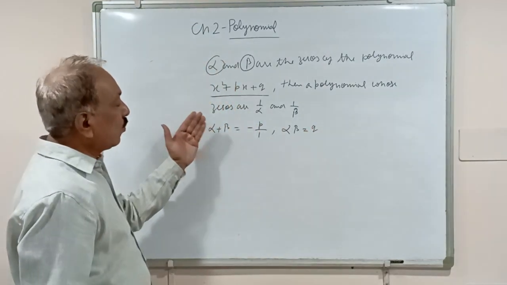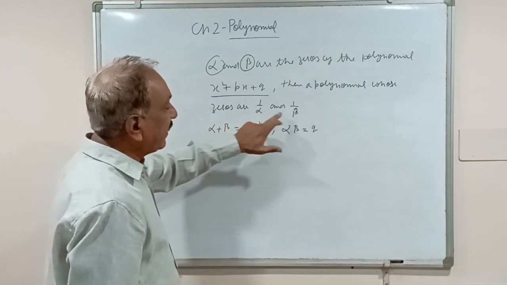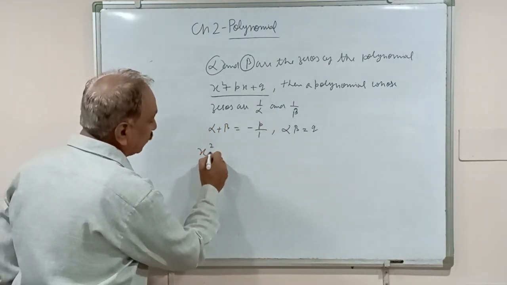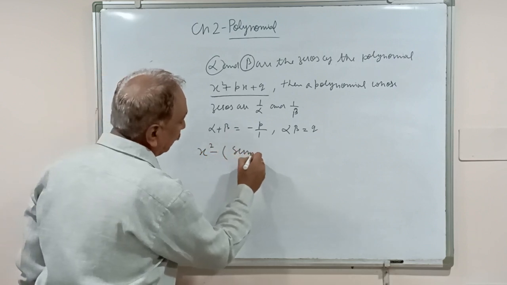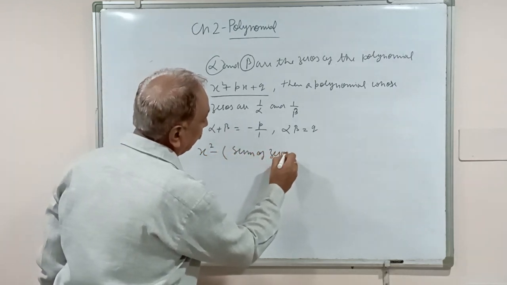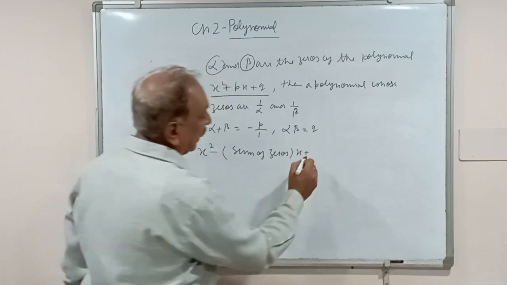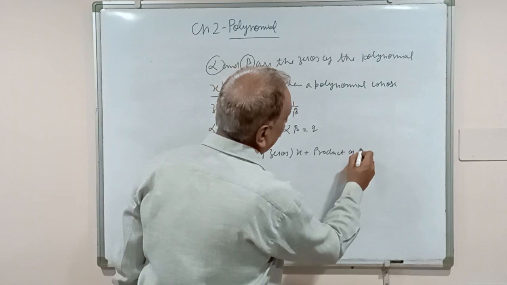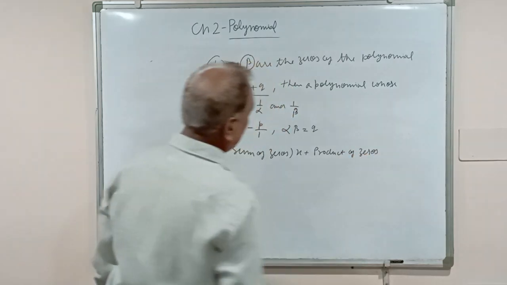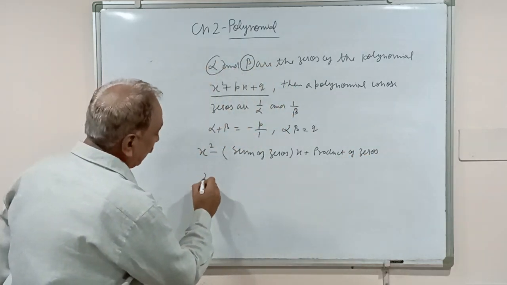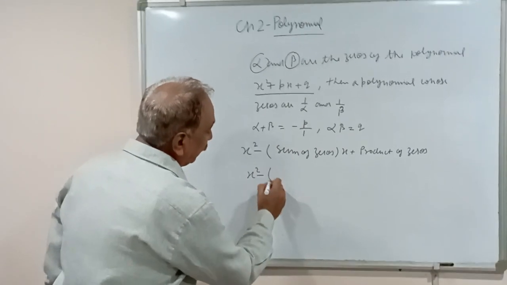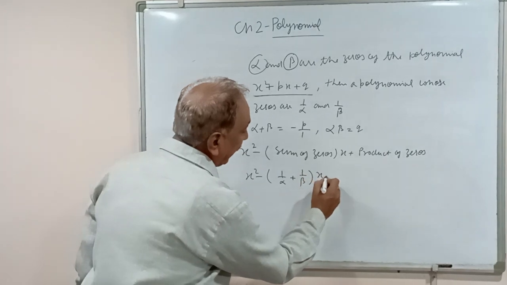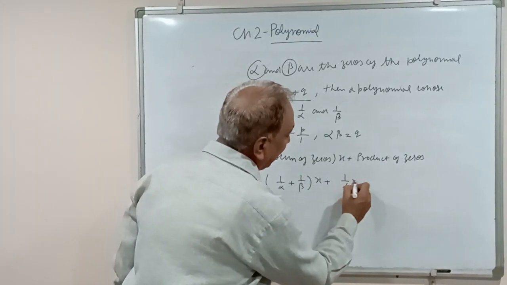Then you can form a quadratic polynomial whose zeros are 1 upon alpha and 1 upon beta. For a quadratic polynomial, the formula is x square minus sum of zeros into x plus product of zeros. X square, sum of zeros means 1 upon alpha plus 1 upon beta into x, plus 1 upon alpha into 1 upon beta.